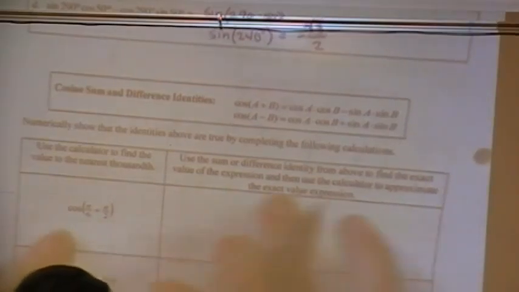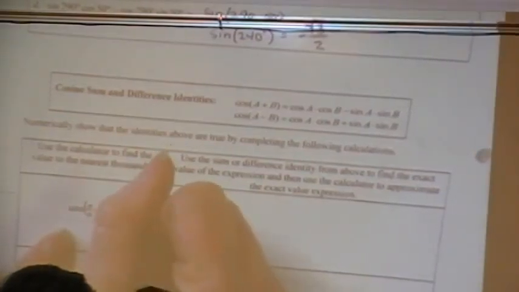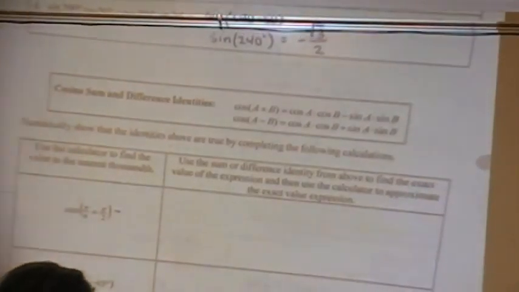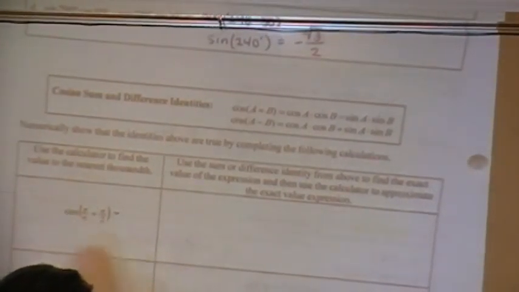Before we actually do one, they want us to plug it in our calculator to see if we get the same answer. So you have to be in radians again. Back to radians.